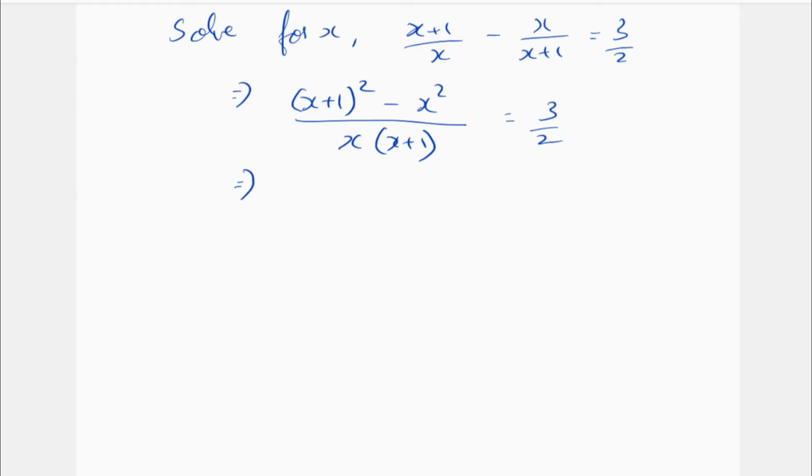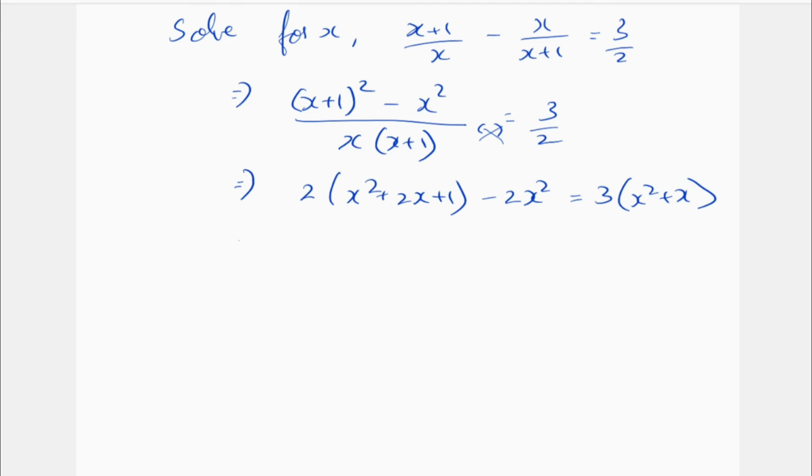I'm going to cross multiply the denominator in the left hand side with the term on the right hand side. I'll have 2 into (x square plus 2x plus 1), minus 2x square, equals 3 into (x square plus x).